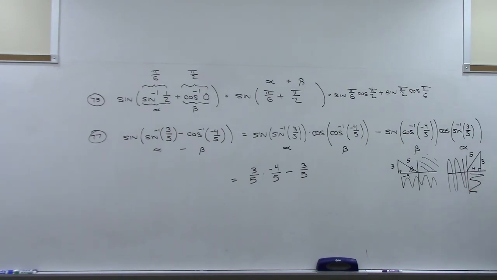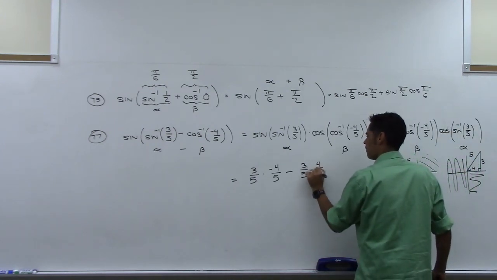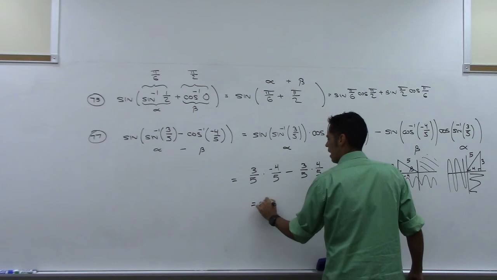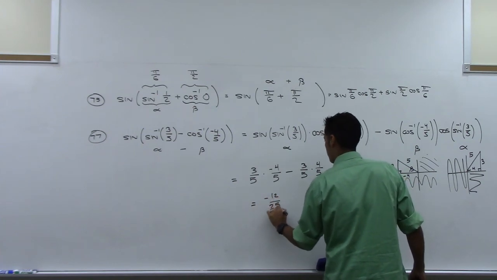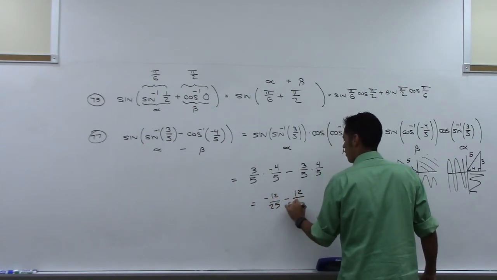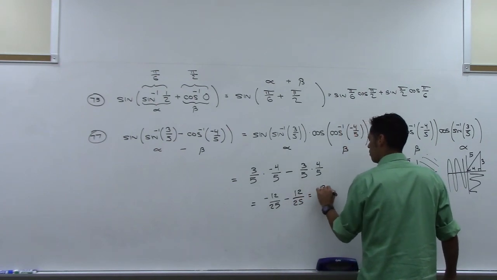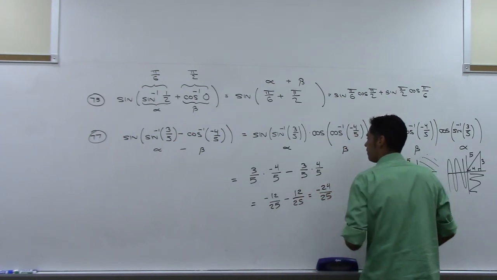So now what I wanted to know is what is cosine of alpha? And this is the angle alpha. So cosine is the adjacent over the hypotenuse, so that's 4/5. So we get negative 12/25 minus another 12/25 is negative 24 over 25.